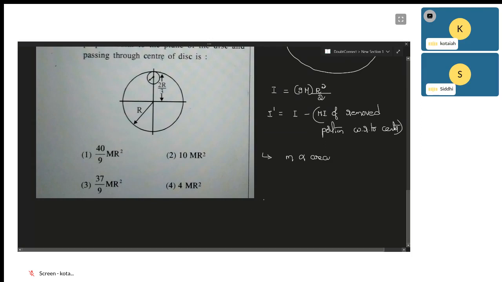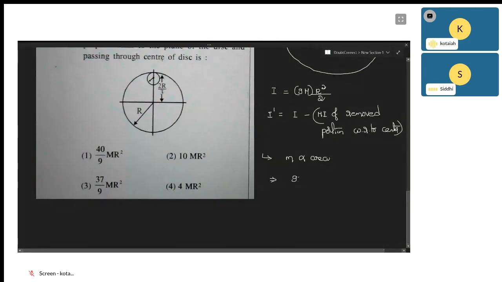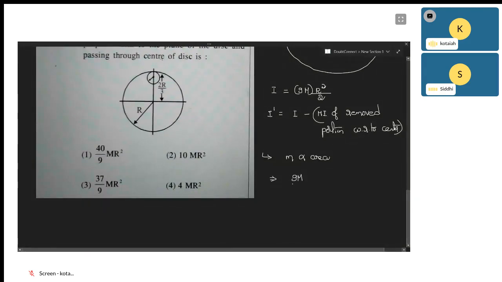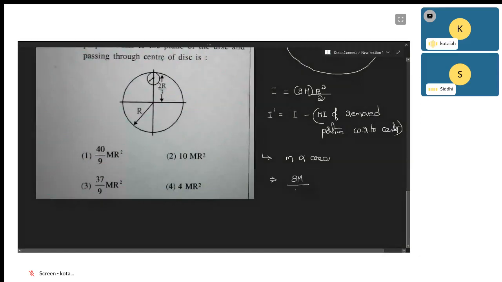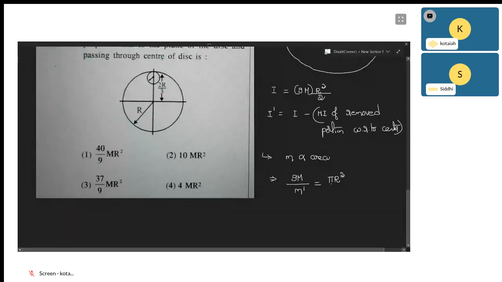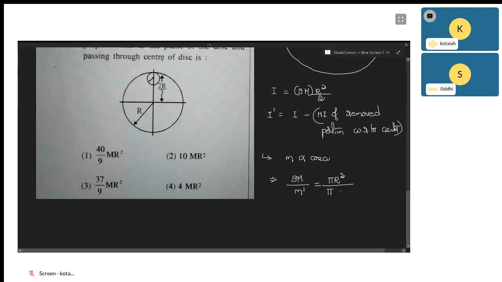Oh, okay. So mass is proportional to area, right? Yes, sir. So I can write mass of the total disk by mass of the removed disk is equal to area of the big disk, nothing but pi R square, by area of the small disk, right?